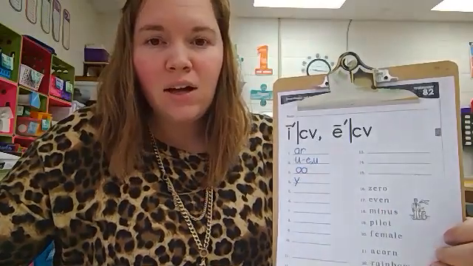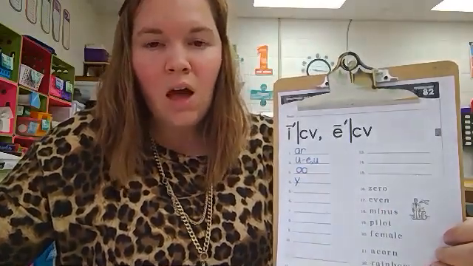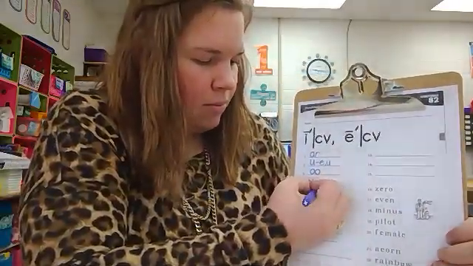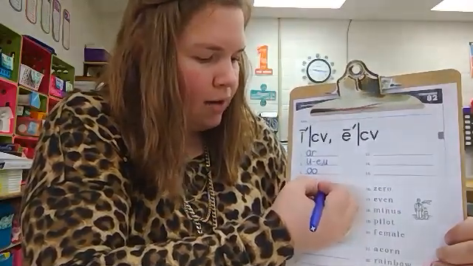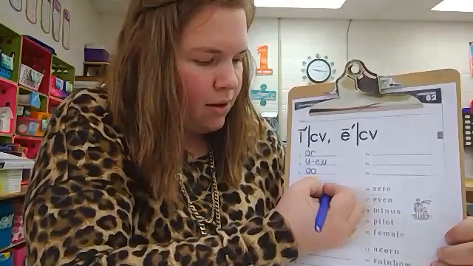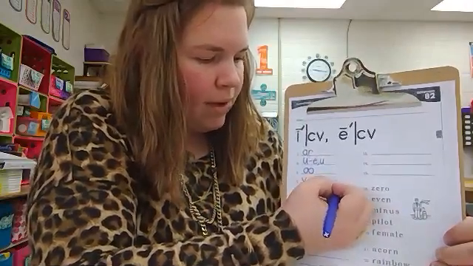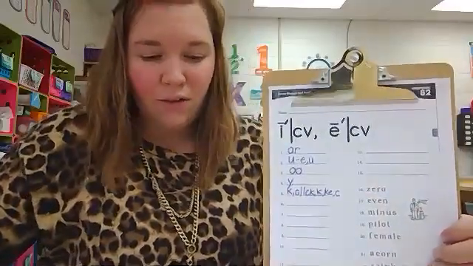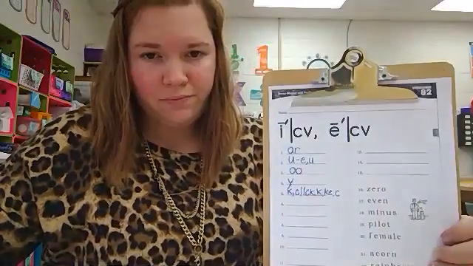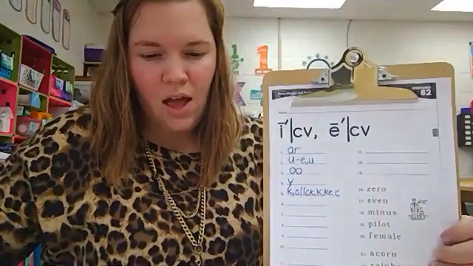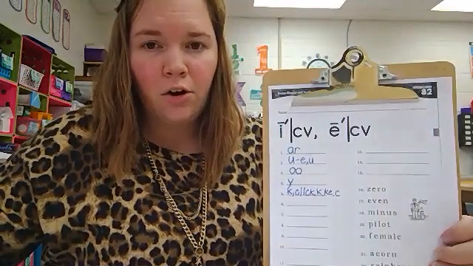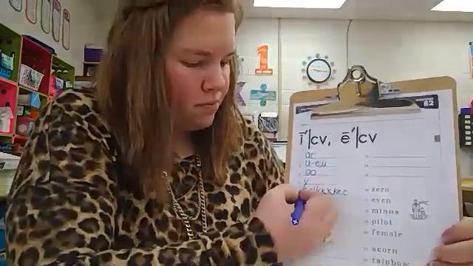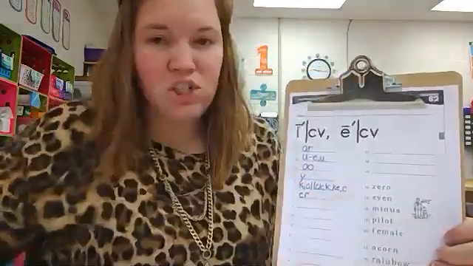Number 5, K, comma C, final digraph, CK, comma K, comma KE, comma C. All of those letters for the sound K. Number 6, combination ER says.